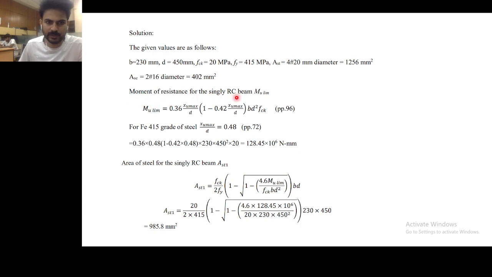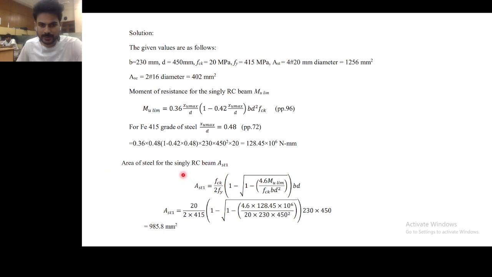The moment of resistance for the singly reinforced beam we can calculate directly, as we discussed in the limiting case: 0.36 XU max by D into 1 minus 0.42 XU max by D, into B D square FCK. By putting that in we get the MU limiting for the singly reinforced section, which is 128.45 into 10 to the 6 Newton millimeter.